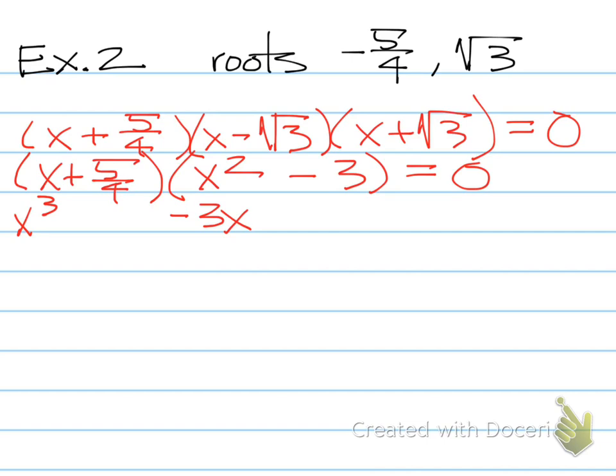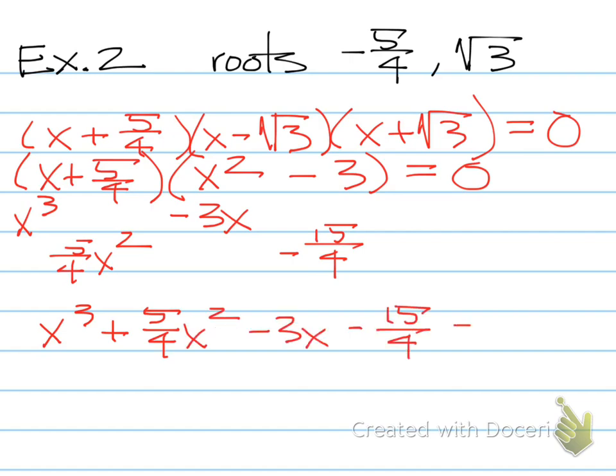So now when I distribute the 5/4, I get 5/4 x squared, and then 5/4 times -3 is -15 over 4. So there are no like terms to add up. So I'm just going to bring all 4 of those terms down. And then I need to write it in standard form, so I don't want any fractions as the coefficients.